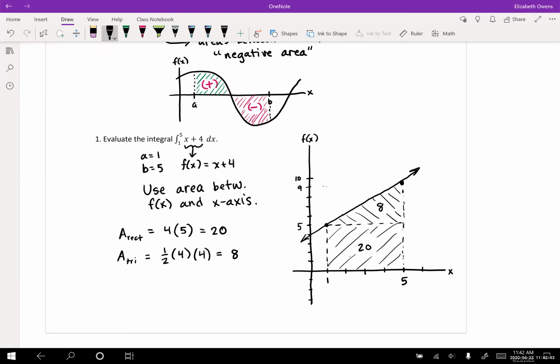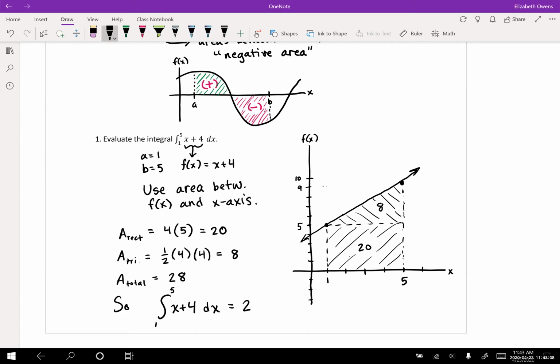And then we add them together. So the total area underneath there is 28 square units. And so that turns out to be the value of this definite integral. So the integral from 1 to 5 of x plus 4 with respect to x equals 28.